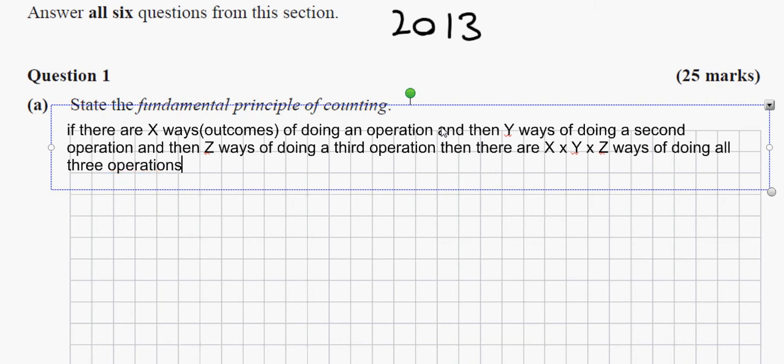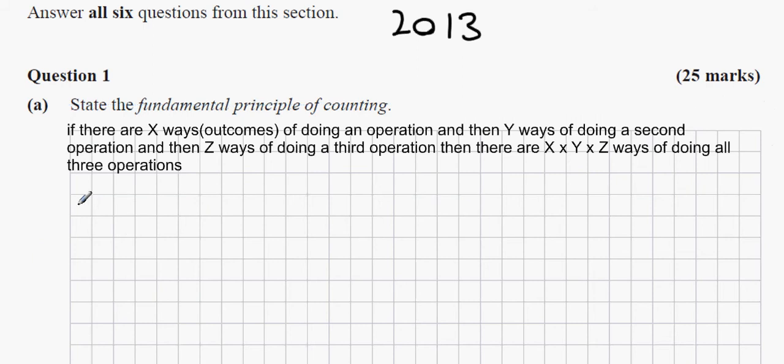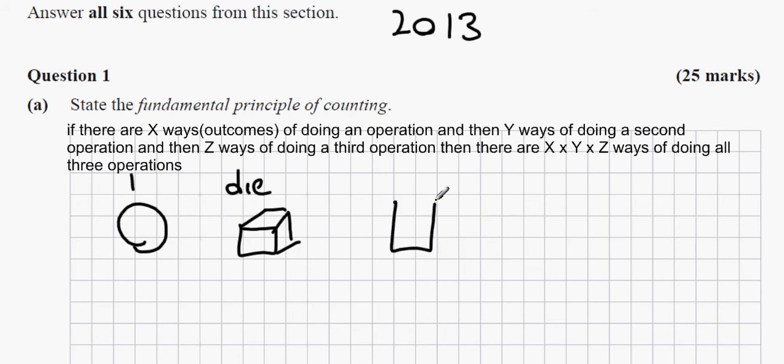Now, an example would be tossing a coin. We had a coin as the first operation, a dice or die as the second operation, and picking a card out of a pack of cards as the third operation.